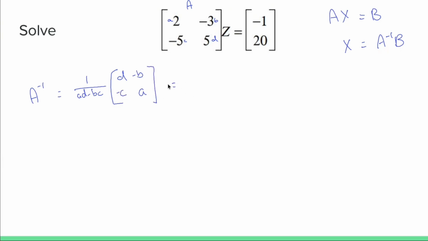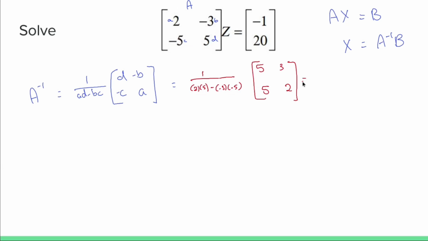So the inverse of A is going to be 1 over 2 times 5 minus negative 3 times negative 5, times the matrix, 5 and 2 flip-flop, crisscross. You become positive, you become negative, positive, positive again.